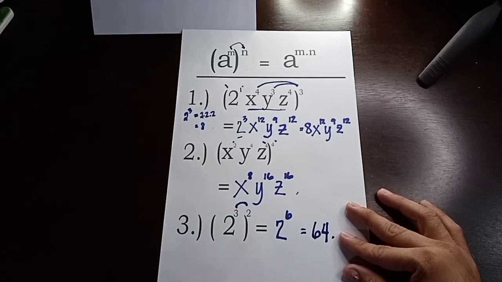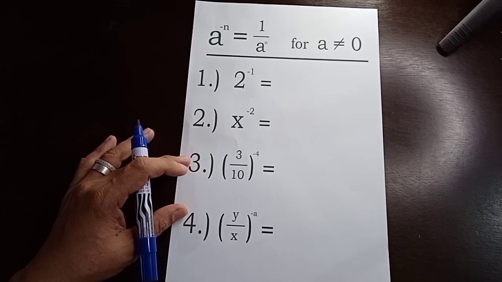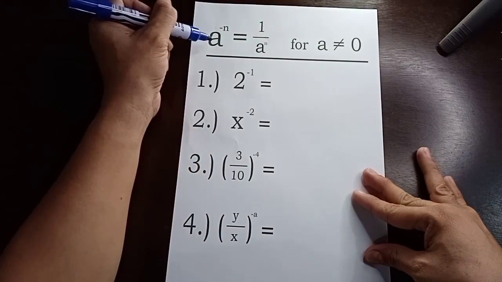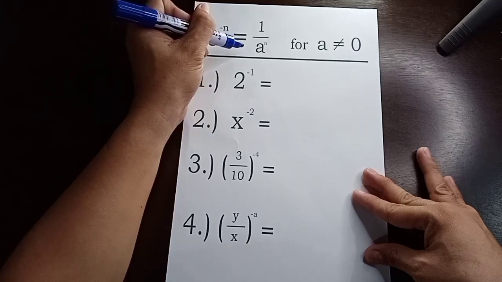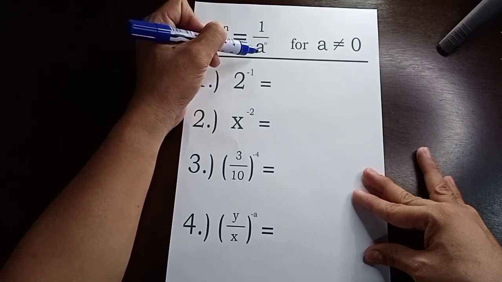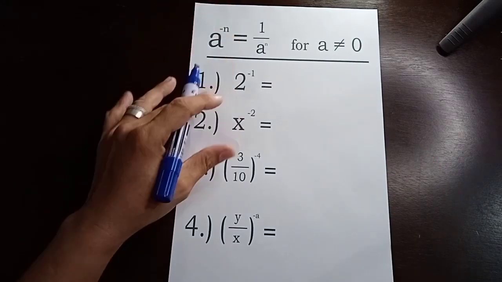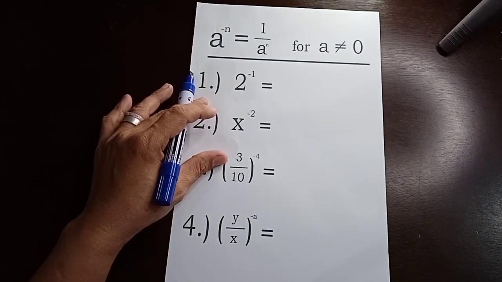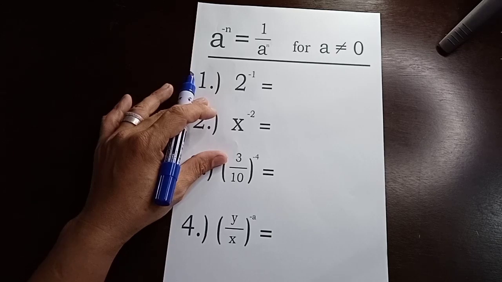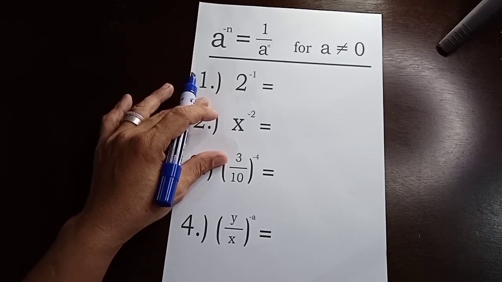The next rule is negative exponent rule. A raised to negative n equals 1 over a raised to positive n. This says that negative exponents in the numerator get moved to the denominator and become positive exponents.